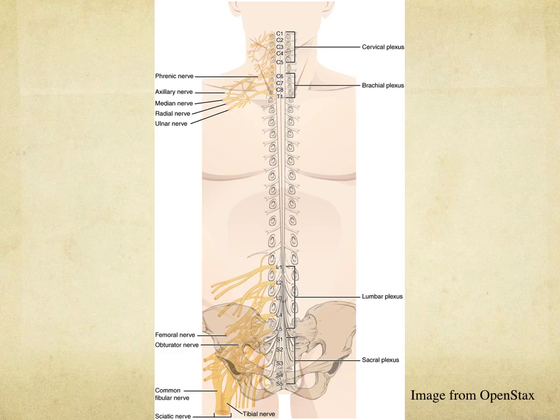And then we get the sacral plexus, and the sacral plexus is going to be the nerve roots of the sacrum coming together to form the plexus. These are going to give rise to the principal nerves heading to the lower extremity, in particular the sciatic nerve, as well as the femoral nerve. But then we have other nerves, such as the obturator nerve, the gluteal nerve, that are going to come away from these plexes.